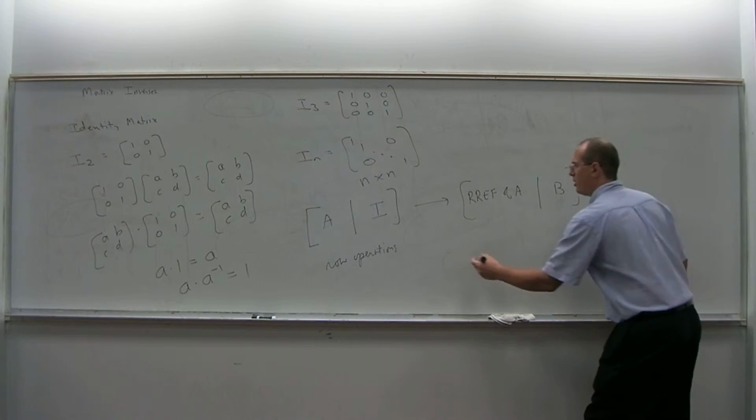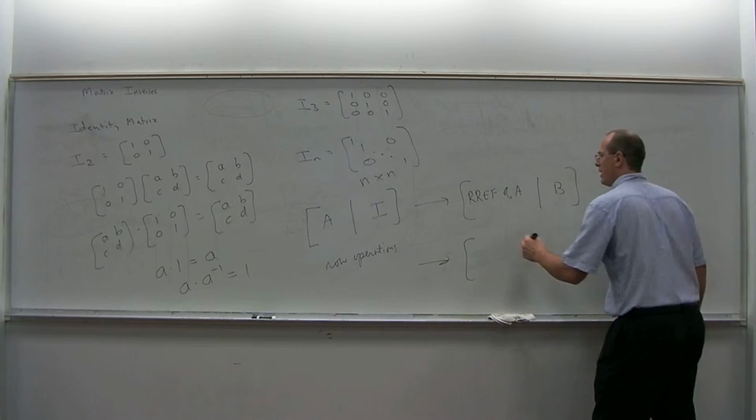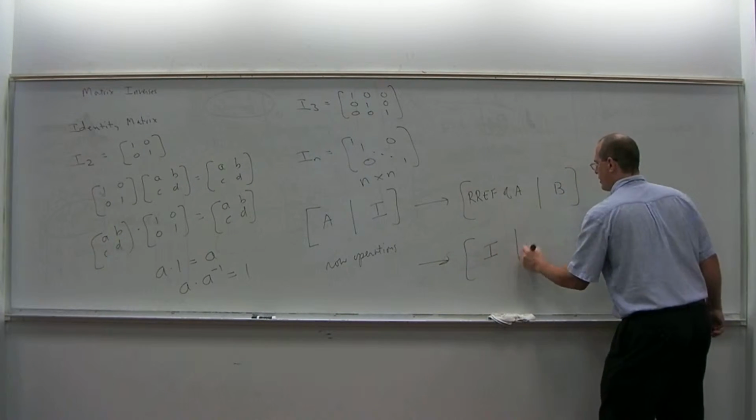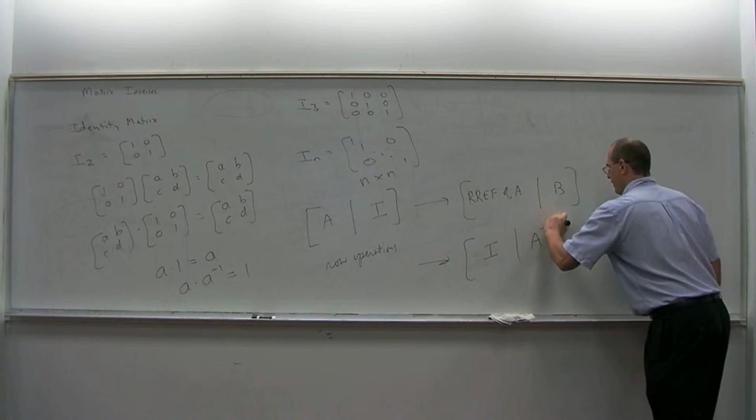And the way the theory goes is that if the reduced row echelon form of A is the identity matrix, then this matrix B will be the inverse of A.